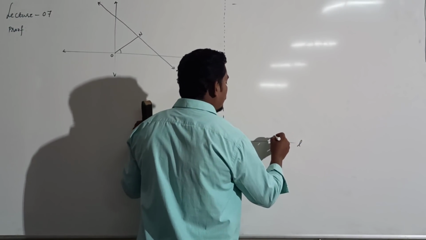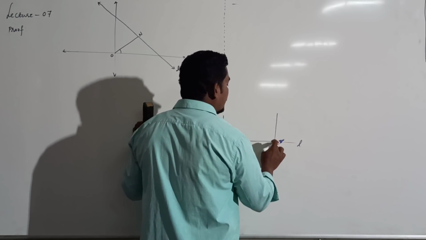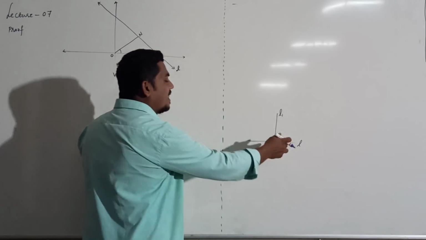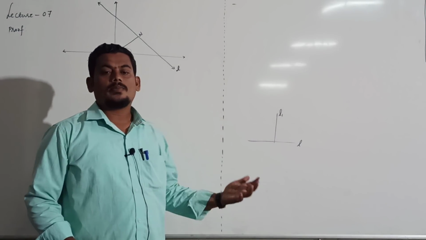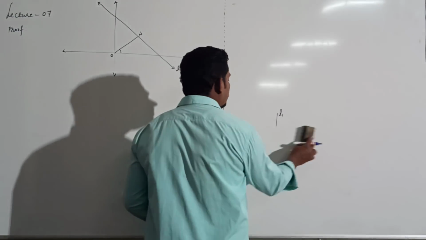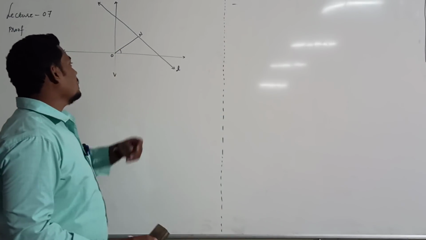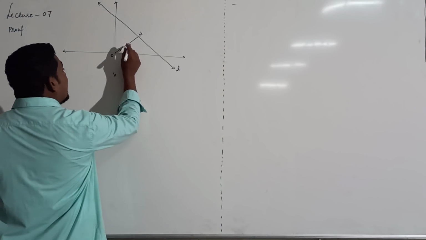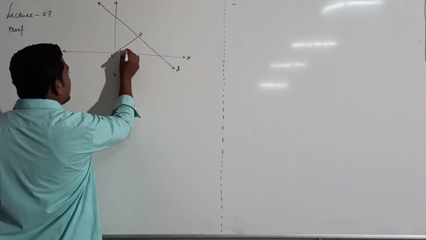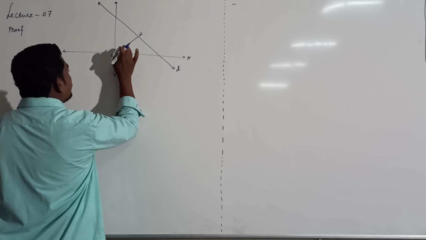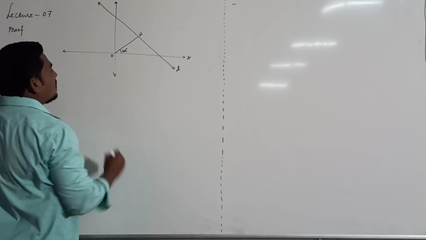Suppose line L and this is line 1. Line 1 is normal to line L. Normal means perpendicular. ON is the perpendicular and the angle made by this perpendicular with the x-axis is alpha.